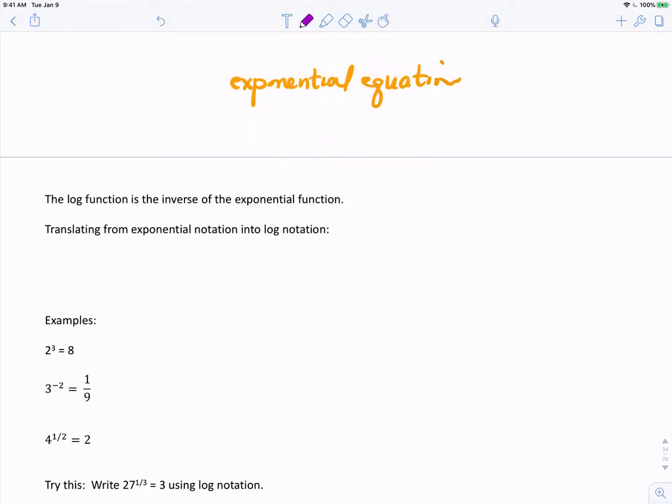So if we have an expression like a is equal to b to the x, and this is in exponential notation, to translate it into a log equation, we would write log. The base we would write here as a subscript, and it's always equal to the exponent. So these two expressions are equivalent.